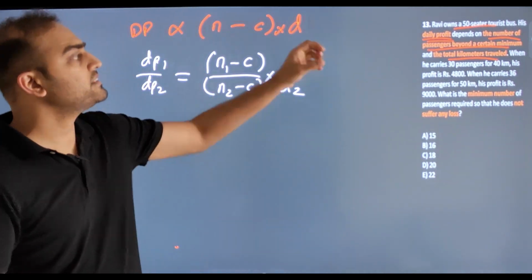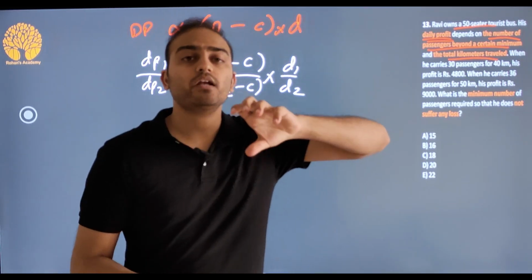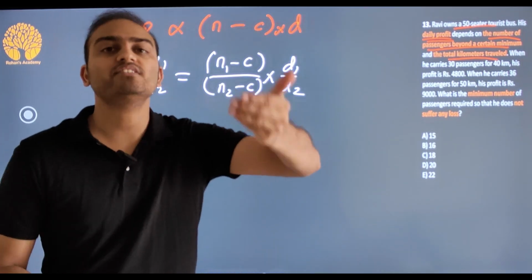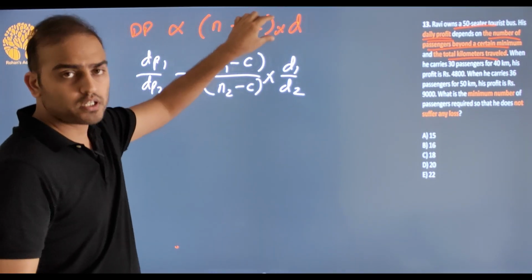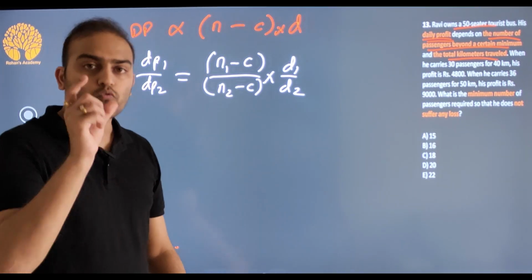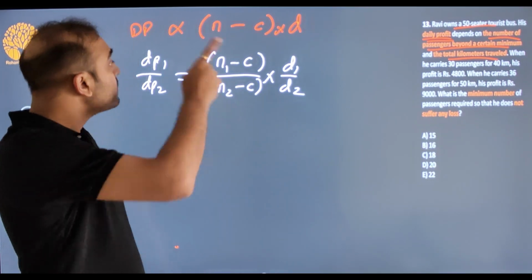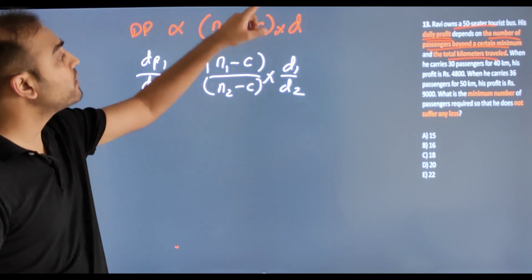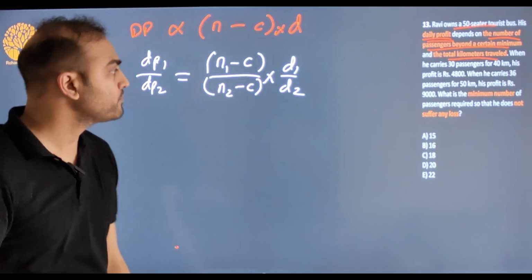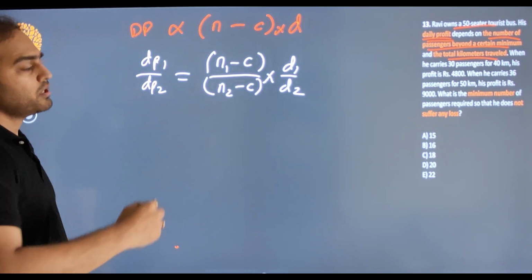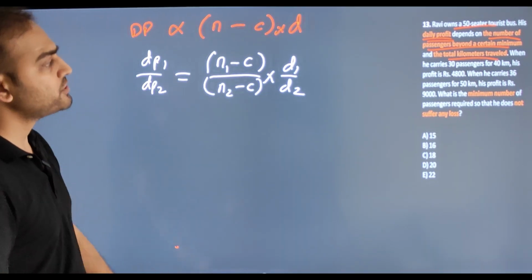It says the daily profit is directly proportional to the number above the certain minimum, so whatever difference comes, and to the distance traveled. The more distance you travel, the more profit you are making. So this becomes our relationship.